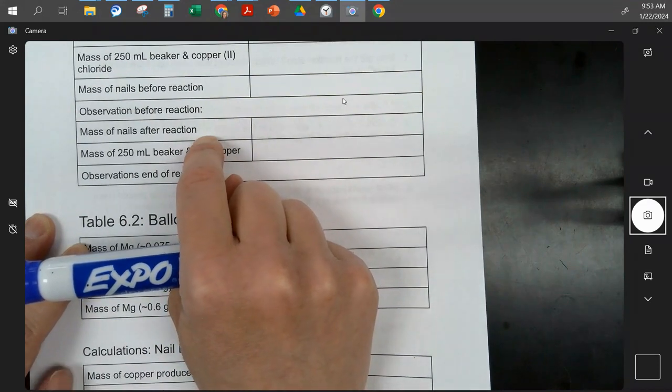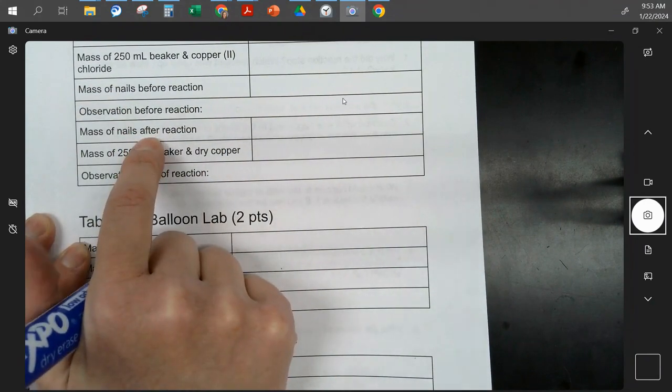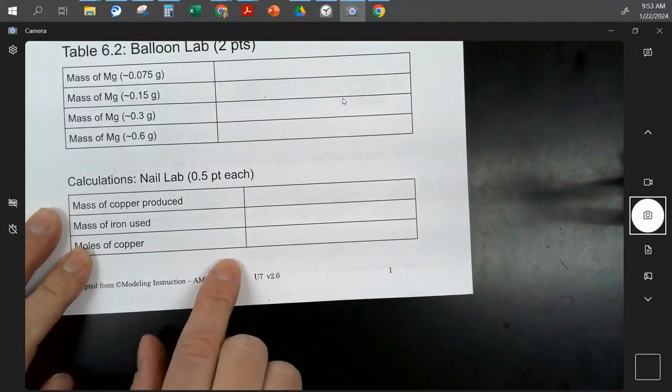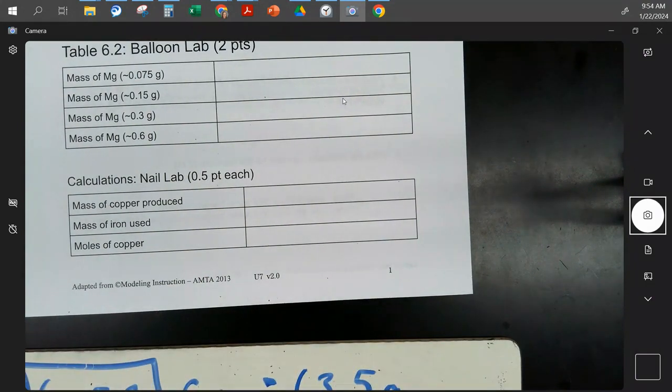Okay, that's our assumption here. So mass of nail before minus mass of nail after gives us the mass of the iron used. So on the order of how many grams of iron did you have? 2 grams?